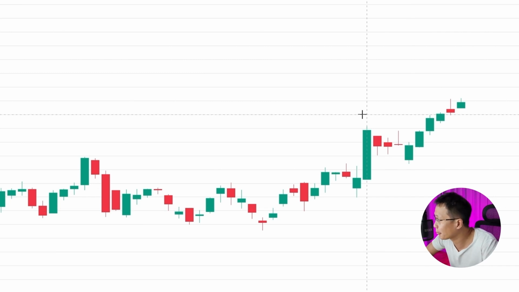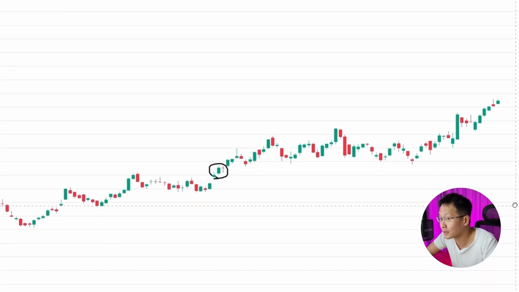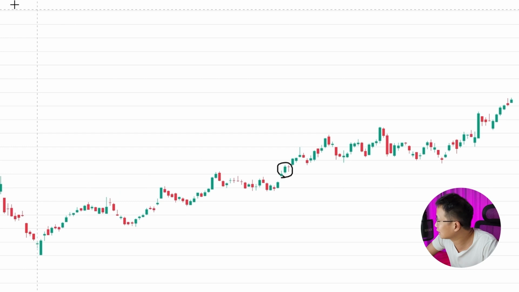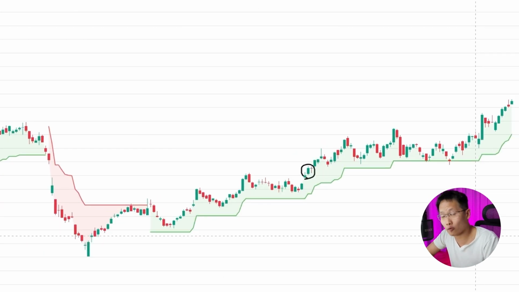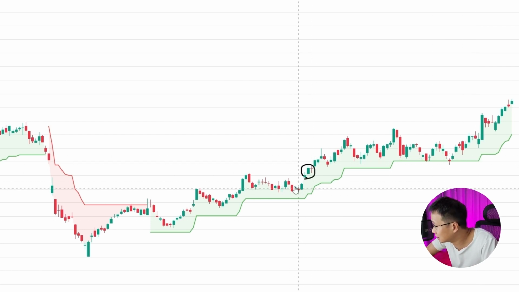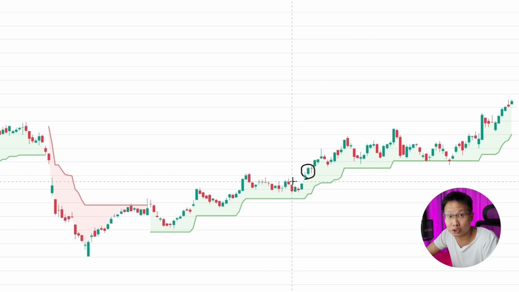So for example, if we talk about a potential entry near a trailing support, let me show you, maybe near a trailing support or near a horizontal support level. What if we do see a bullish candlestick near a trailing support? Of course, steps 1 and 2 are met as well: the long-term trend, the short-term trend, the market structure, everything is good. We've got a trailing support.